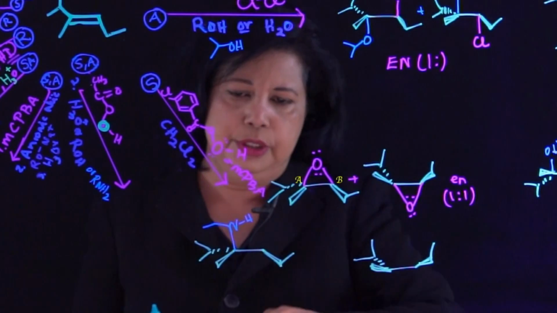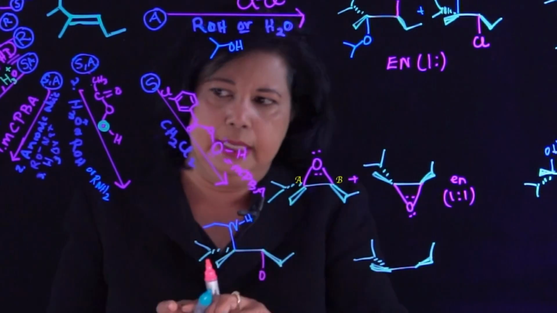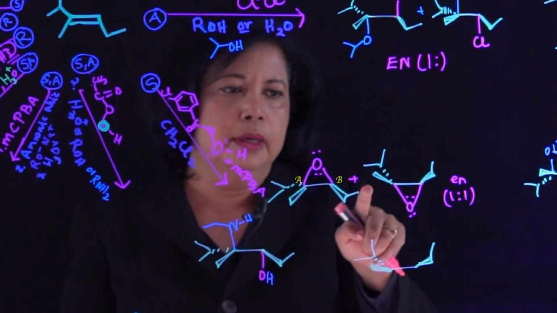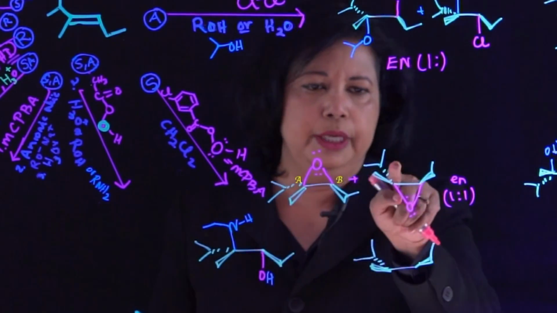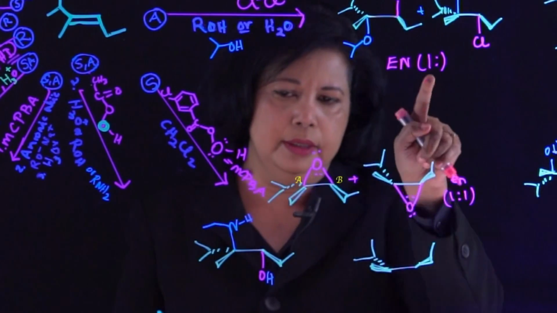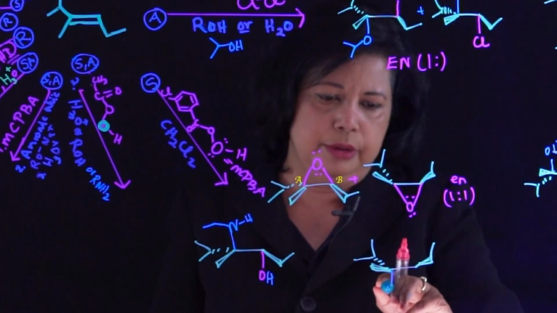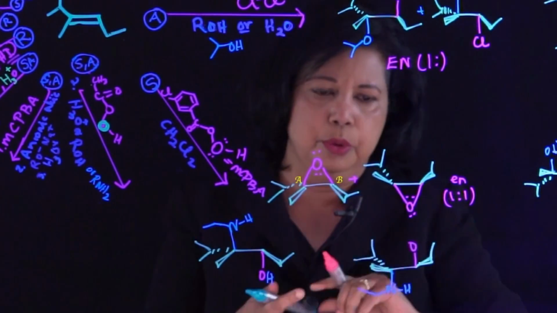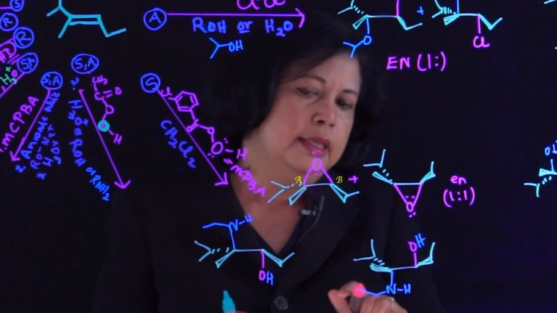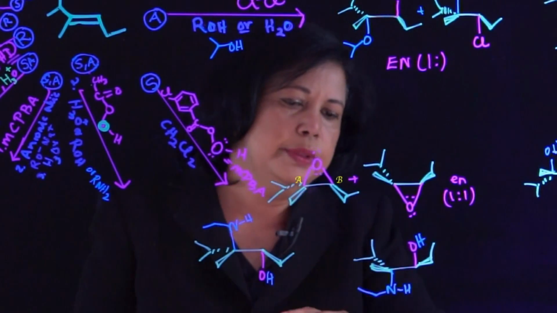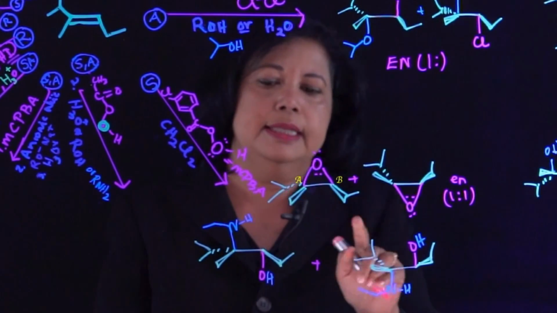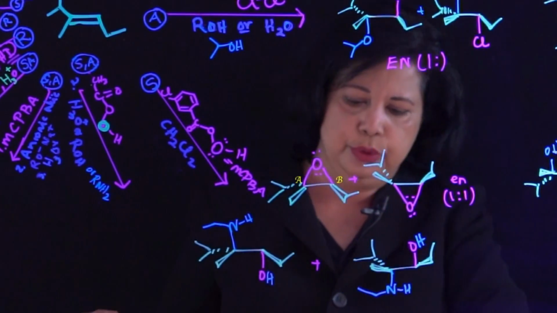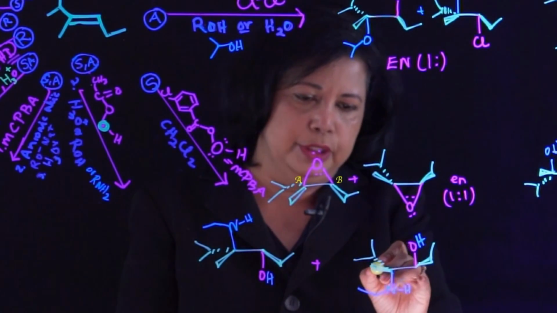And your oxygen is going to go down and get protonated by the acid. And you would also get attack from above, as shown here, or attack from below. And so you're going to get your nitrogen here. If it attacks the most substituted carbon, your oxygen is going to roll over and get protonated here. So these are the two things that you would see for major products. And what's the relationship? Again, put a mirror here and you'll see exact reflection over there. So these are both enantiomers.